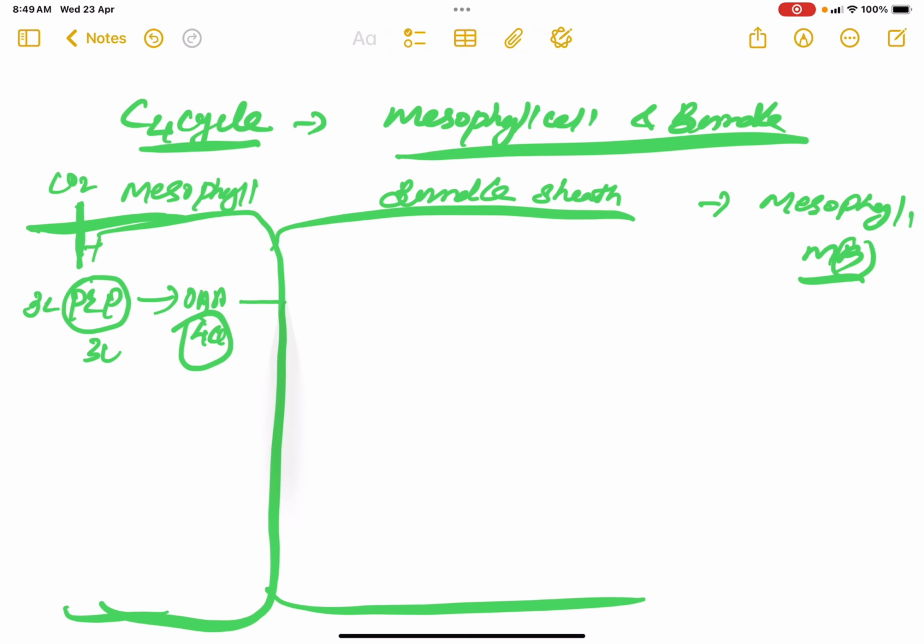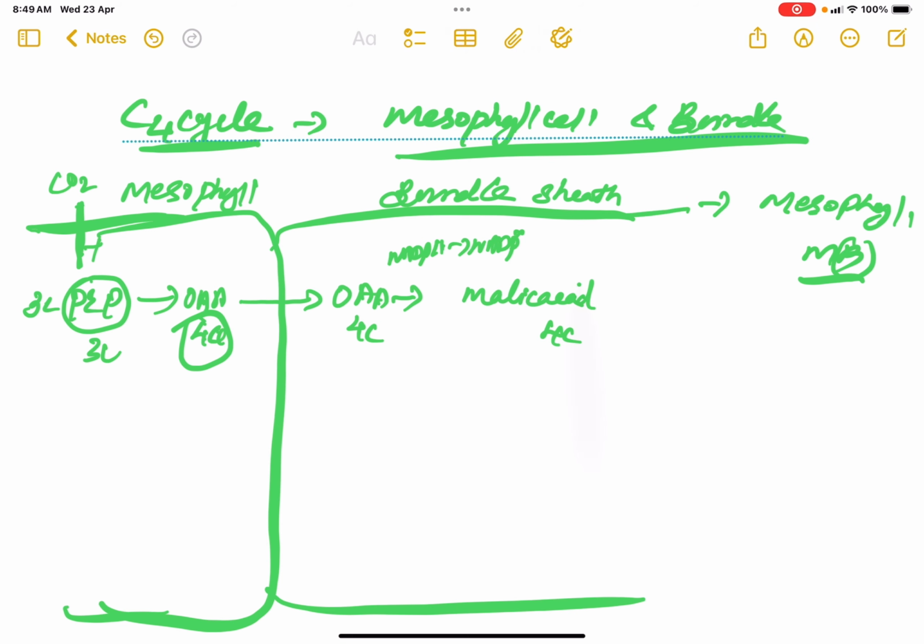This oxaloacetic acid is transported to the bundle sheath cells, where it is converted to another 4-carbon compound, malic acid. Here NADPH is converted into NADP plus. From the malic acid, one carbon dioxide is removed.